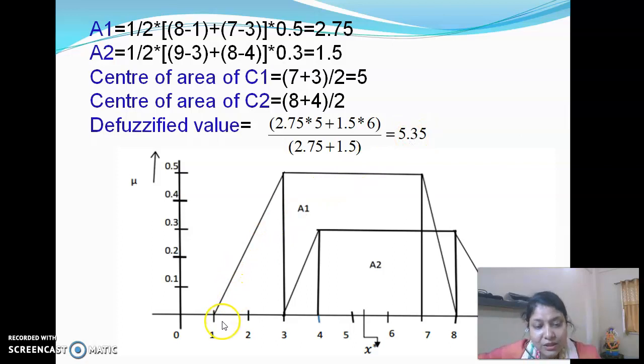If we closely observe, we basically need to first identify the mid of each membership area. So for any large area, we need to take the summation of the starting point and the ending point, and obviously the whole divided by 2.